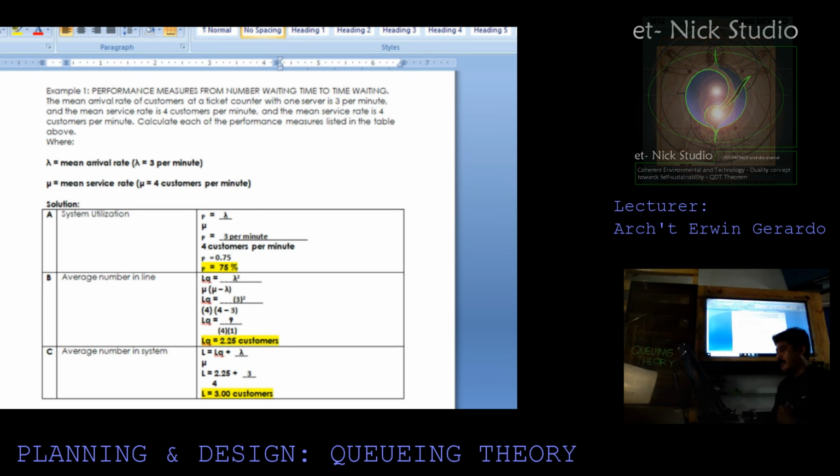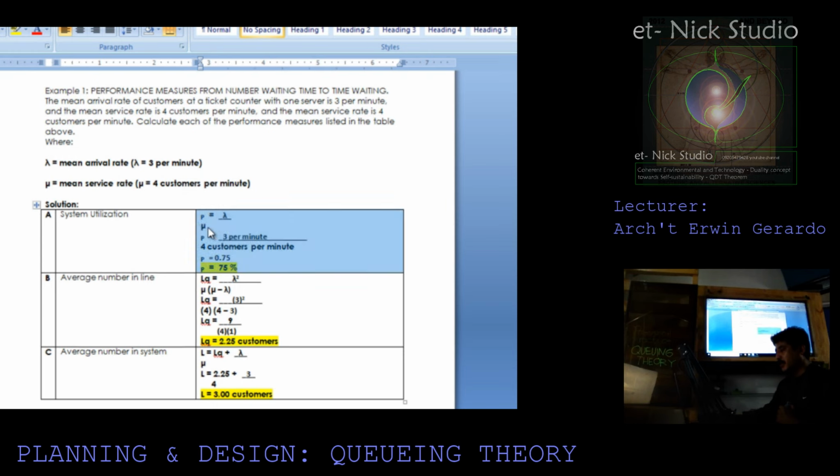Calculate each of the performance measures listed in the table above, where alpha means arrival rate, so alpha is 3 per minute, and mu means the service rate, so mu equals 4 customers per minute.